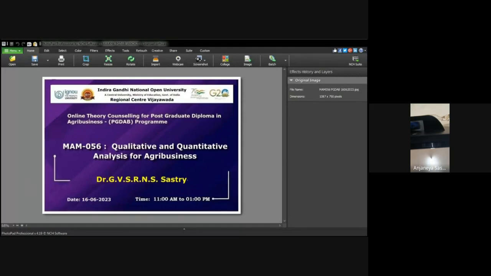The next step is to collect and organize the needed information. Collection means only collection of data, which includes primary data and secondary data. Next, organize the data. First, you have to collect it, and then organize it, with preparation of tabulation.